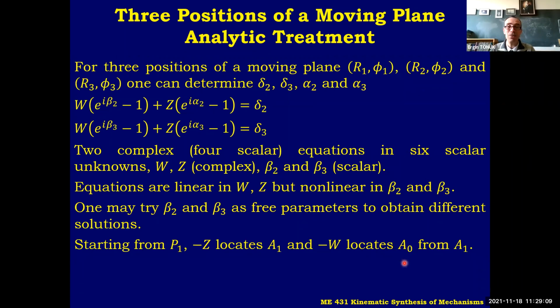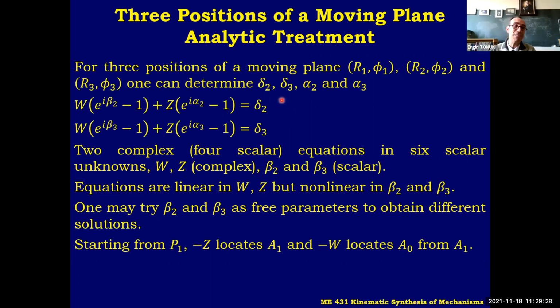Of course, I can imagine what you're thinking. Graphical is very simple, you say. I'm going to pick a point. Its 3 positions define a circle. I can find the center of the circle, use it. Yes, you're right.